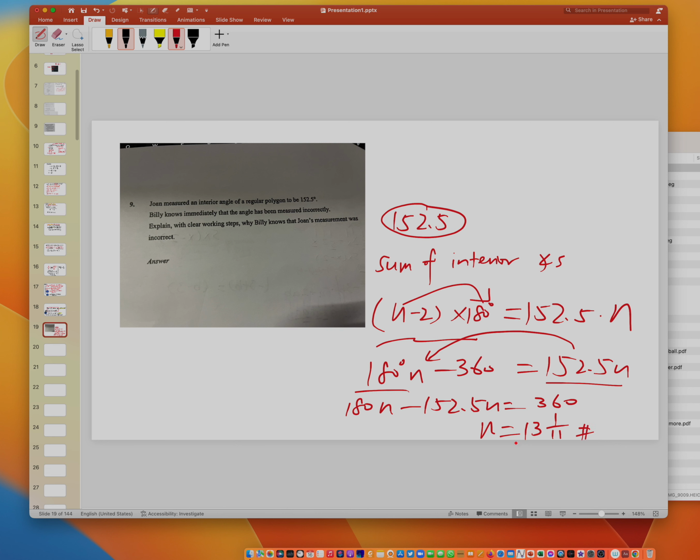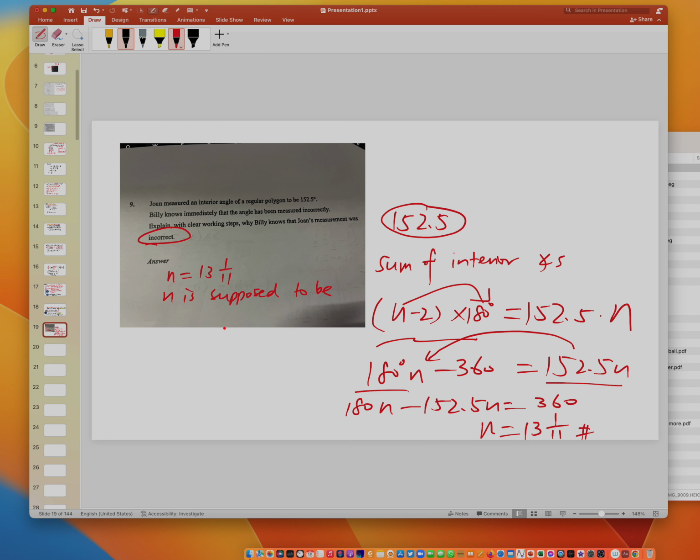So does it make sense? Is a 13 and 1 over 11 sided polygon? Does it make sense? No. So how do you explain? It's incorrect because n is 13 and 1 over 11, and n is supposed to be the number of sides. What number is this n?